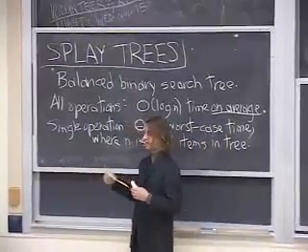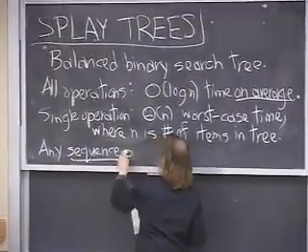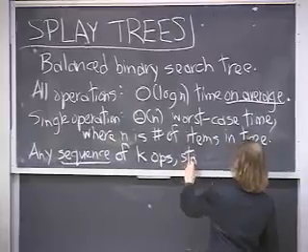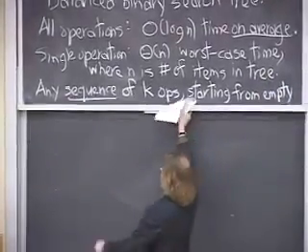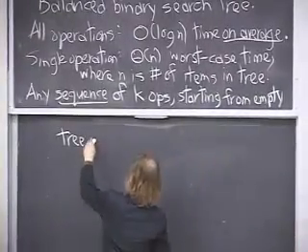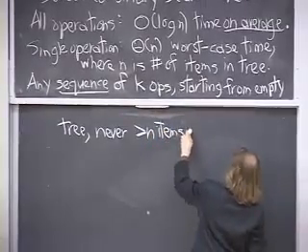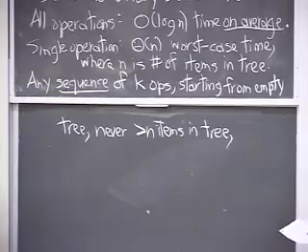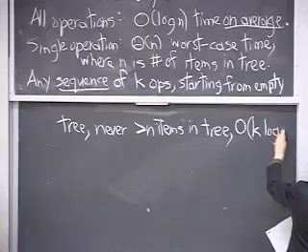Well, I can guarantee you that any sequence of k Splay tree operations, when you start from an empty tree, and with the tree never growing larger than n items, if you satisfy those conditions, you're starting from an empty tree and never have more than n items in the tree, then a sequence of k Splay tree operations takes at most big O of k log n time in the worst case.